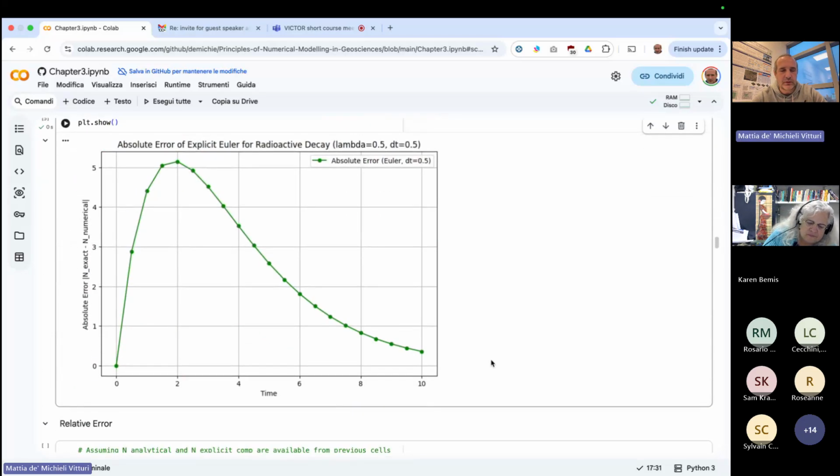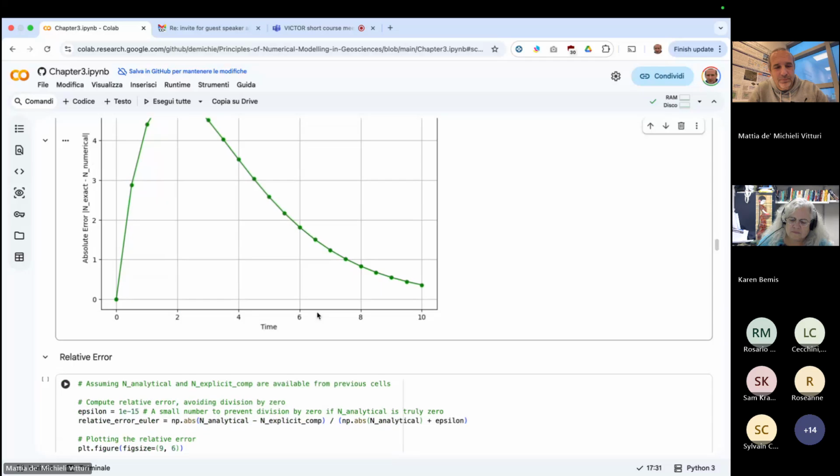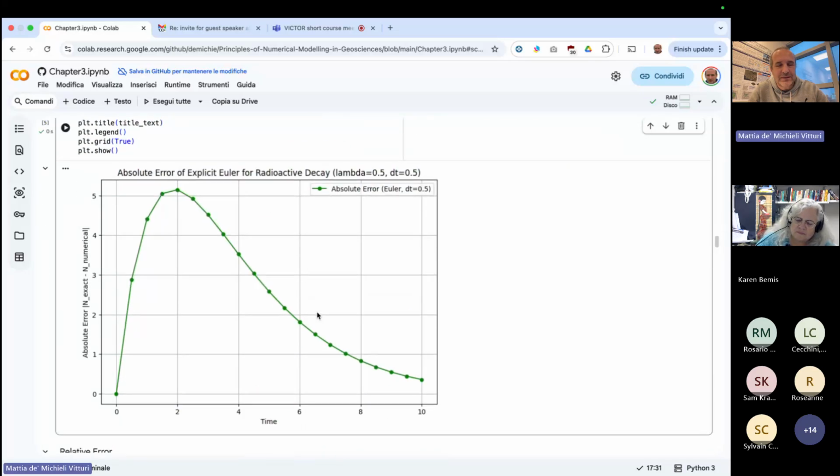Sometimes plotting the absolute error is not the best thing, because the absolute error gives us an idea of the magnitude, but it's not the same to say that there is an error of 1, for example, when the correct value is 10 or when the correct value is 0.1, because they represent relative errors that are different by orders of magnitude.